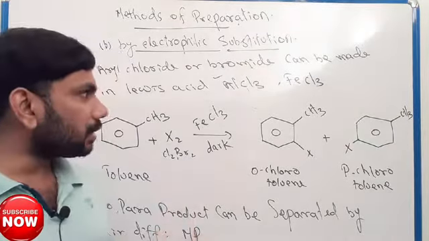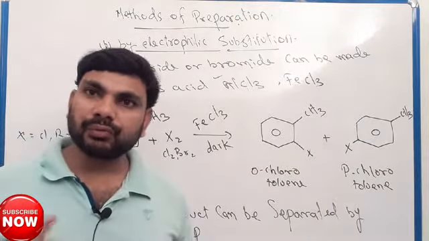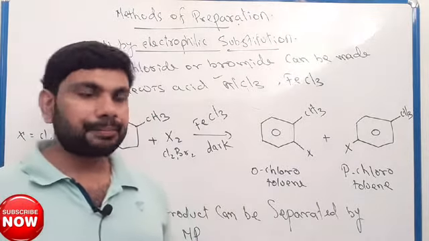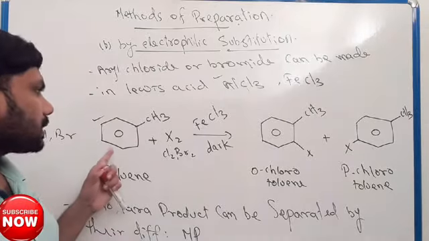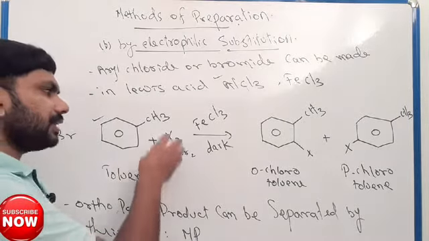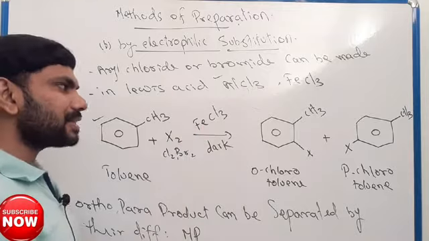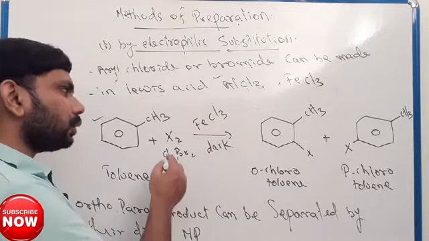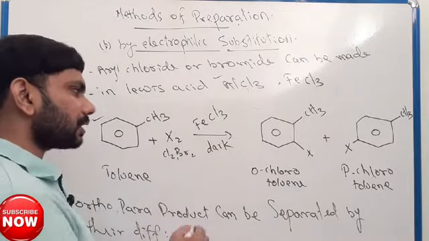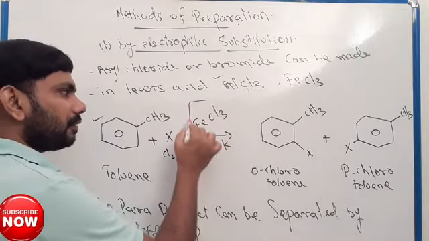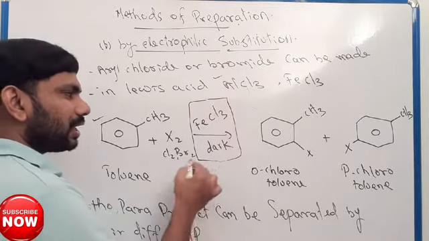This chemical reaction takes place in presence of Lewis acid. Clear? And here this aromatic compound is reacting with X2 in presence of FeCl3. Cl2, FeCl3 in presence of dark. This is the condition, FeCl3 and dark.